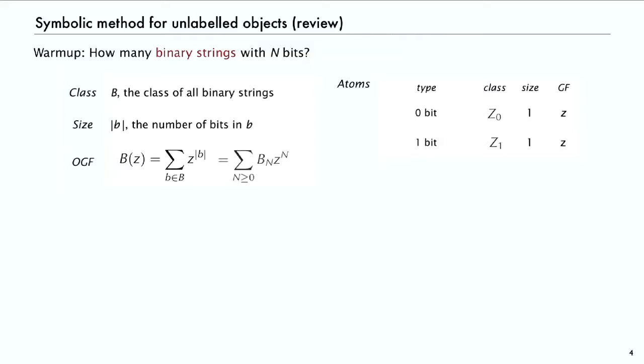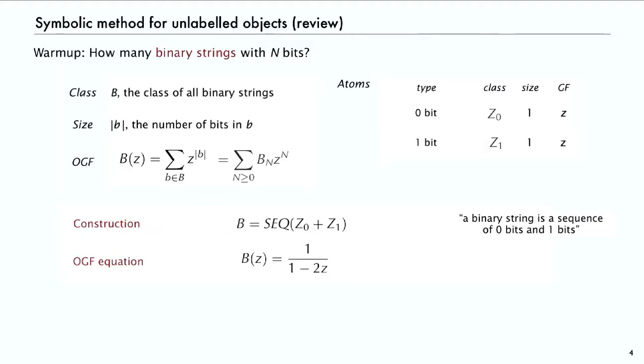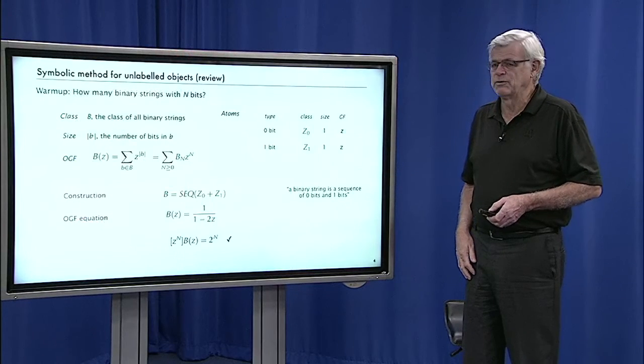For example, we looked at how many binary strings there are with n bits. It seems we talk about this almost every lecture. A string is a sequence of 0 bits and 1 bits, and with the symbolic method, using ordinary generating functions, we show that it's 2 to the n.